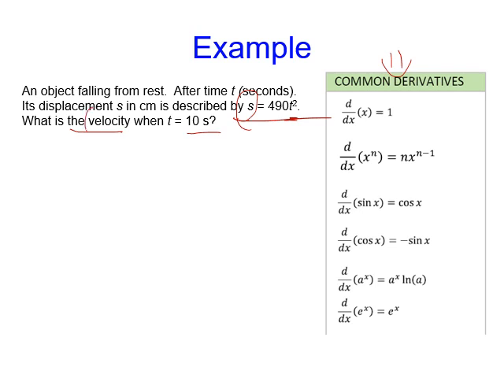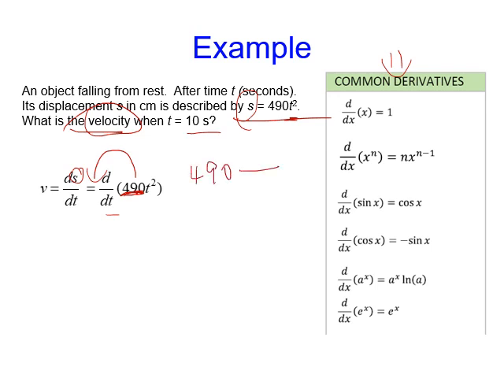We already know the velocity is the derivative of the displacement over time. In this case, the displacement is 490 times t squared. Because 490 is a constant, it doesn't change, so we can move it out of the derivative. So it's 490 times the derivative of t squared over dt.